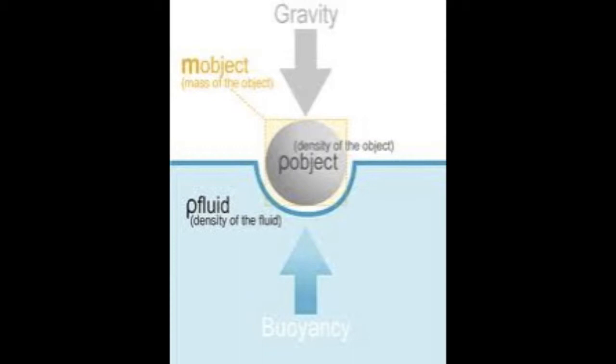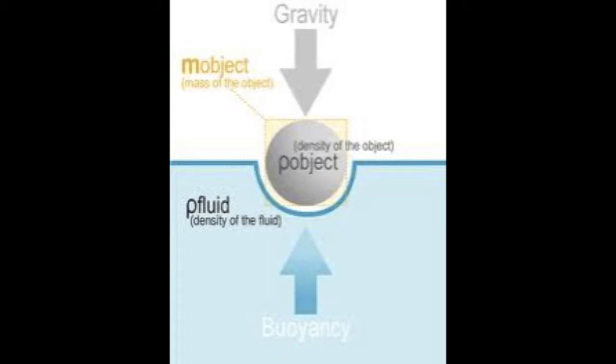In this diagram, a ball floats on water. The ball has a gravity force acting on it pointing down and a buoyancy force acting on it pointing up. The gravity force equals the mass times g, which is the density of the ball times the volume of the ball times g, while the buoyancy force equals the weight of the water it displaces, which is around half the volume of the ball times the density of water times g.